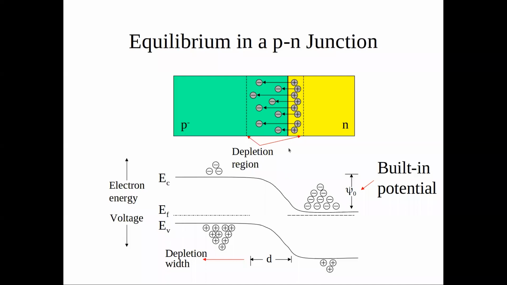And then as the distance increases, you go back to the standard steady state case where you have more electrons on one side and more holes on the other. But at the border, you have a region which is called the depletion region. Why is the depletion region, let's say, asymmetric?